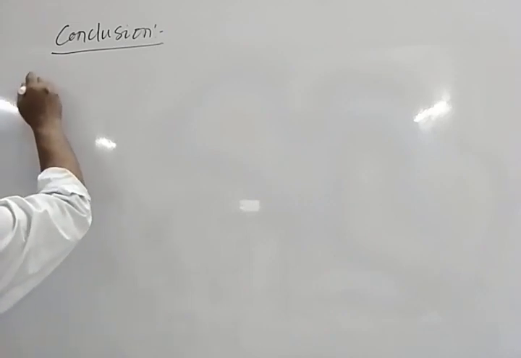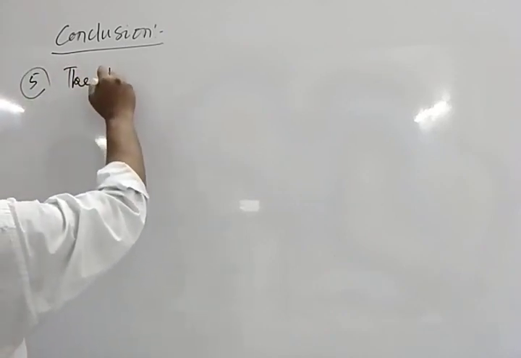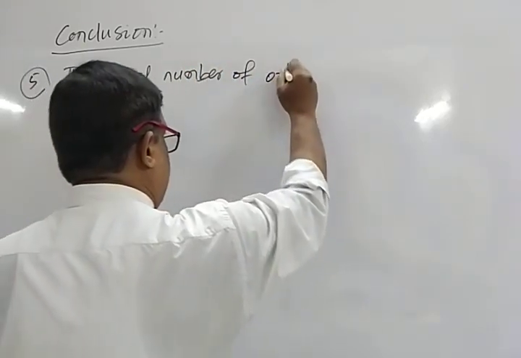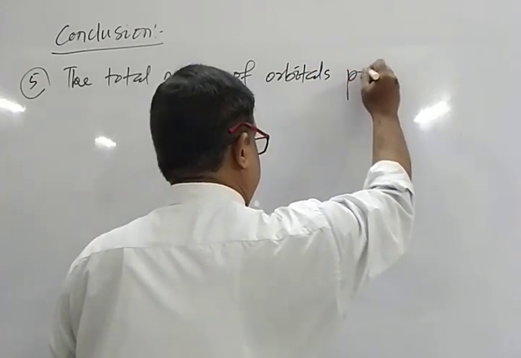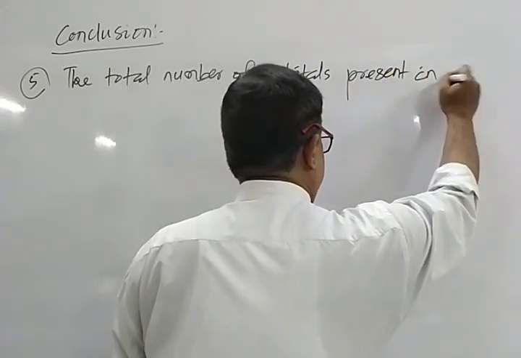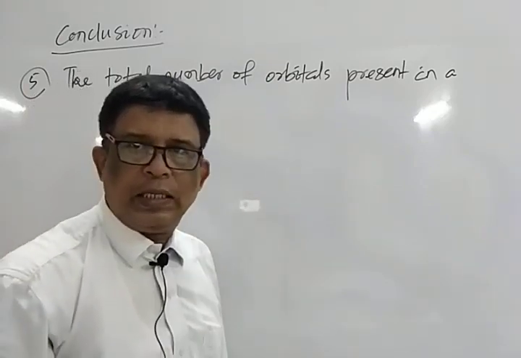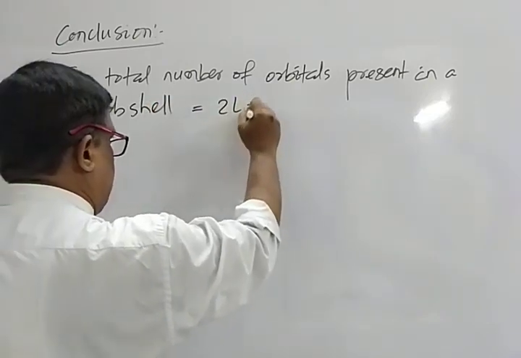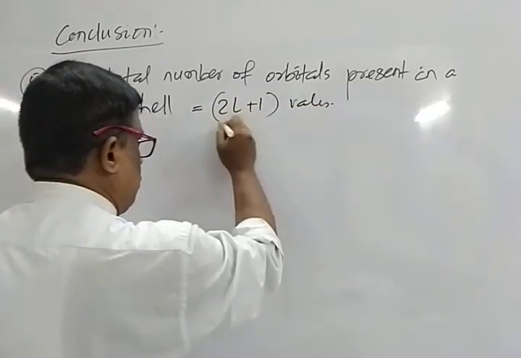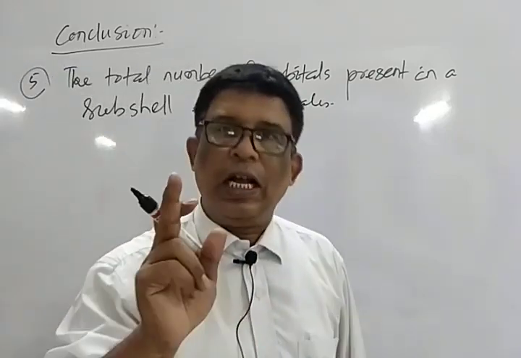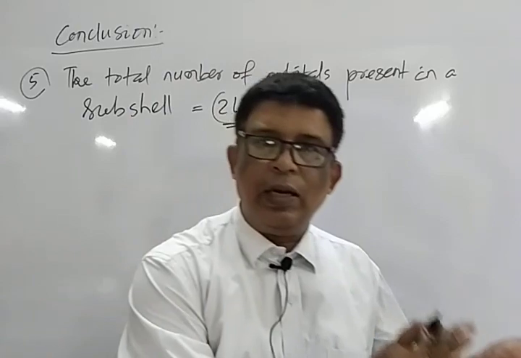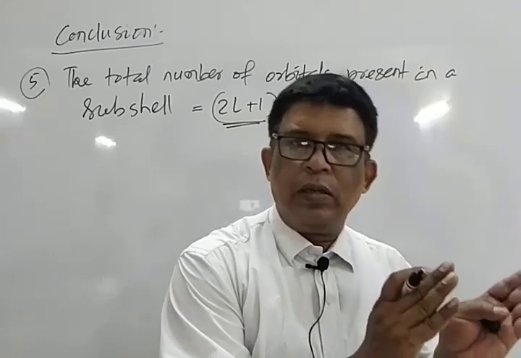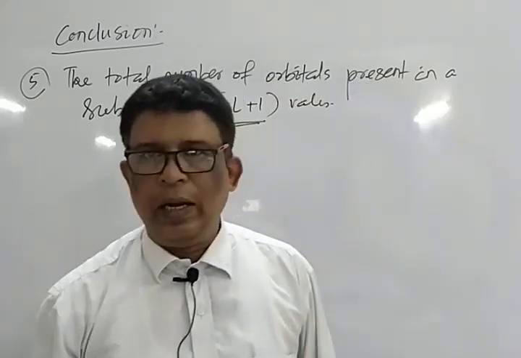The total number of orbitals present in a subcell is equal to 2L plus 1 values. 2L plus 1, here L stands for azimuthal quantum number and the values are minus L to plus L through 0. L starts from 0, 1, 2 up to n minus 1.